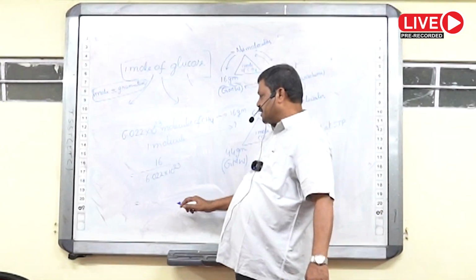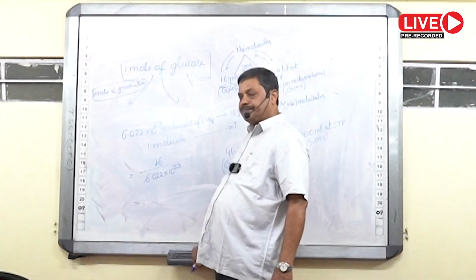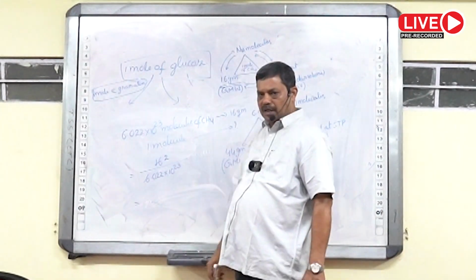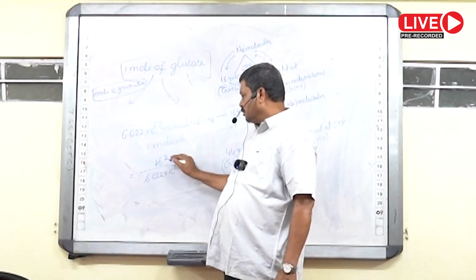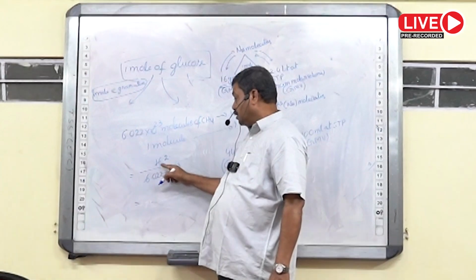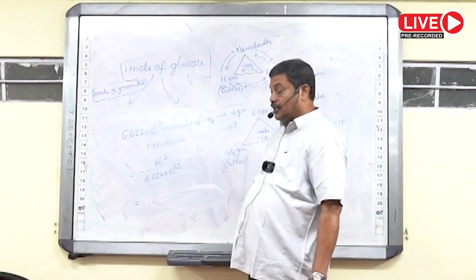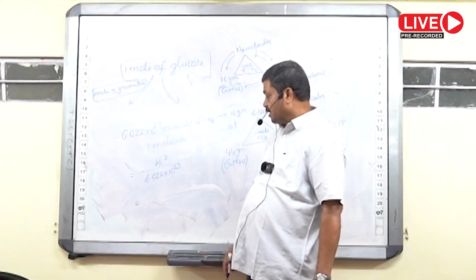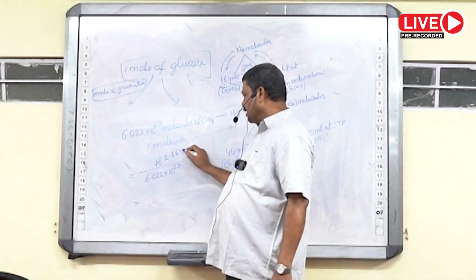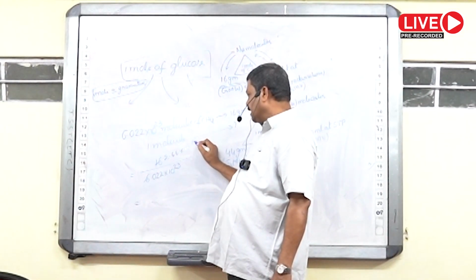So roughly if we take 6, it is how many times? 12. 2 6s are 12, 4 is remaining 40, 6 6s, so it is 2.66 into 10 power minus 23 grams.